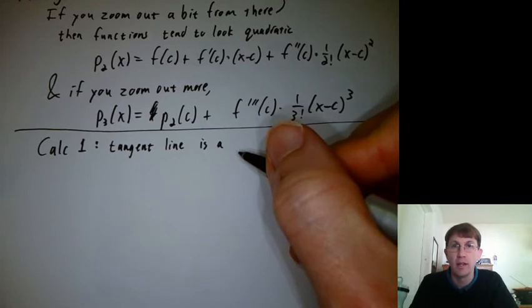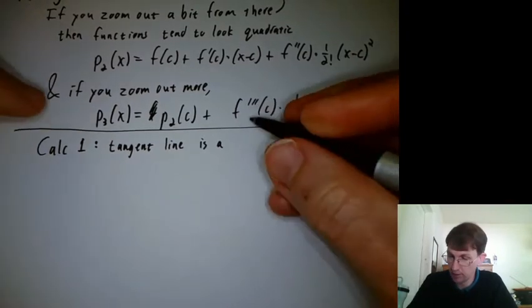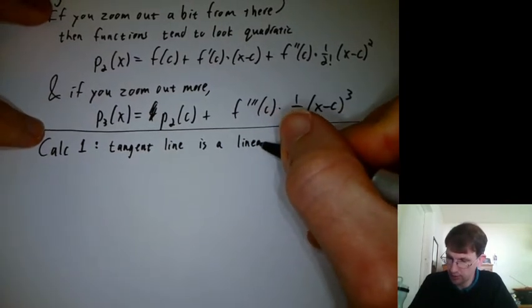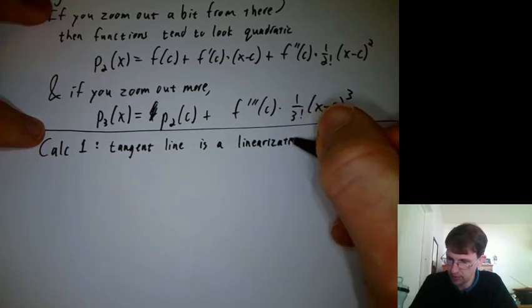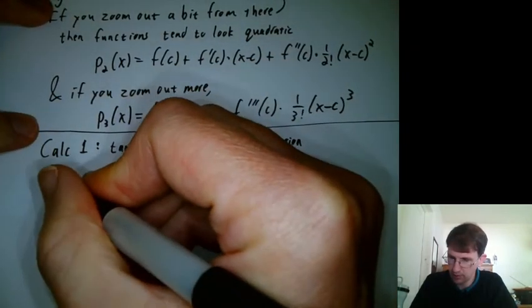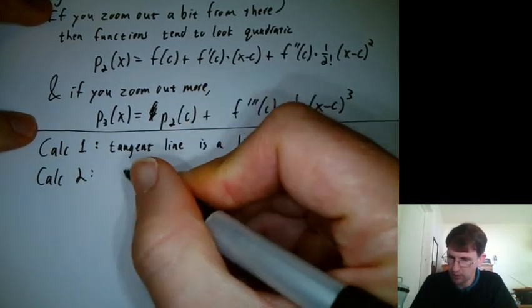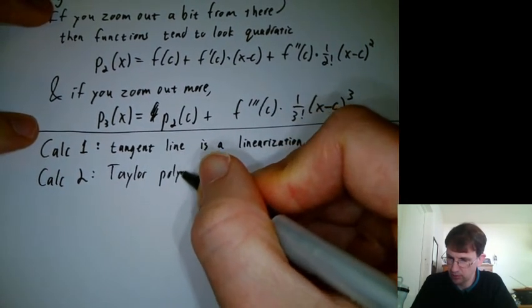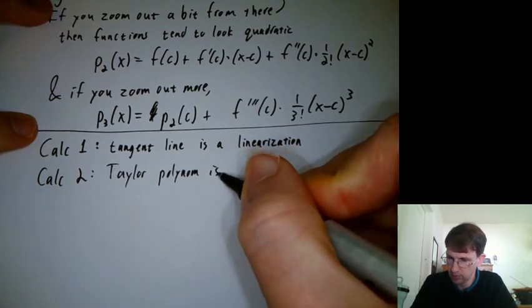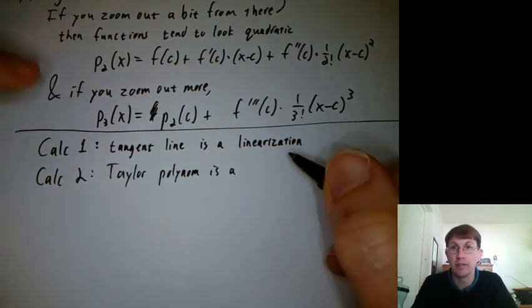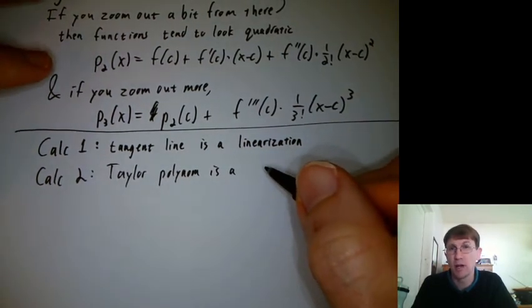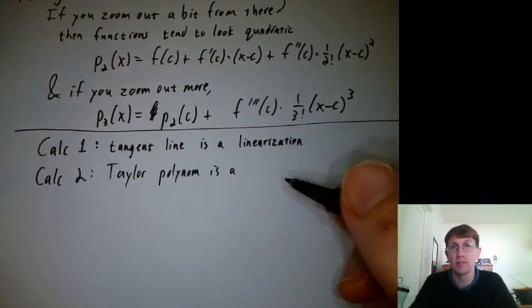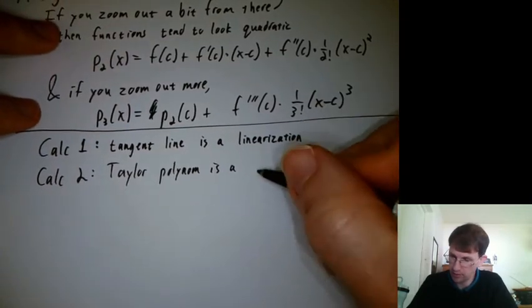It's saying, hey, let's treat the function as if it was linear. In Calc 2, our Taylor polynomials, well, they aren't linear usually, so you could say they're a polynomialization, but it's a generalization of this idea.